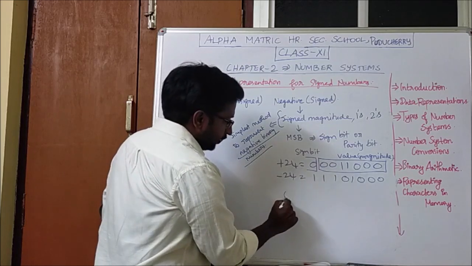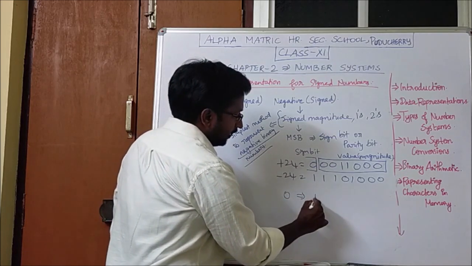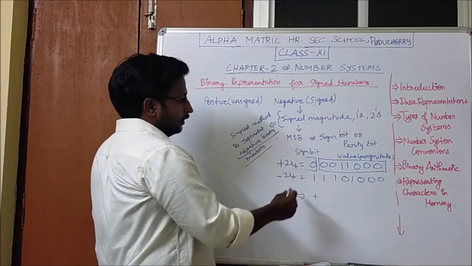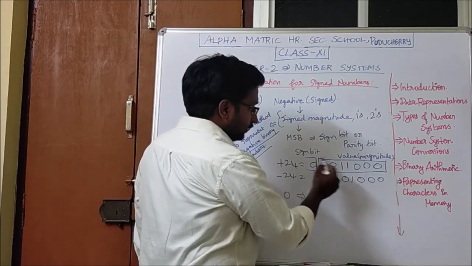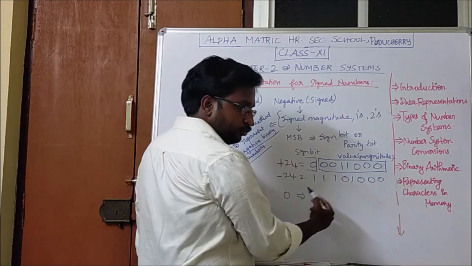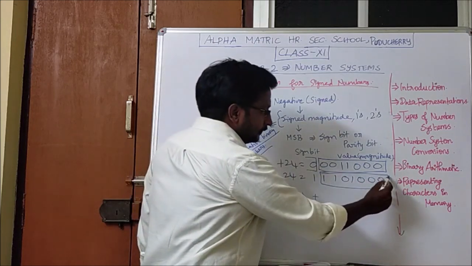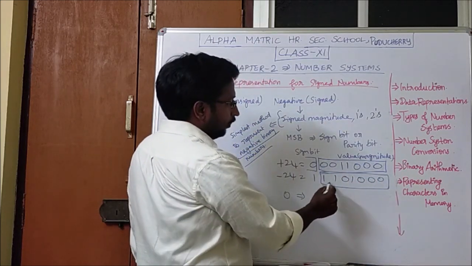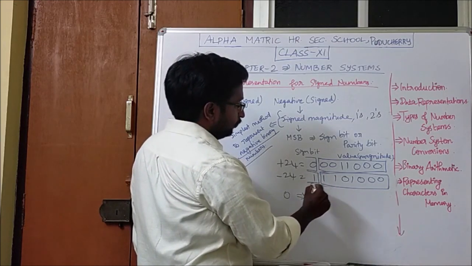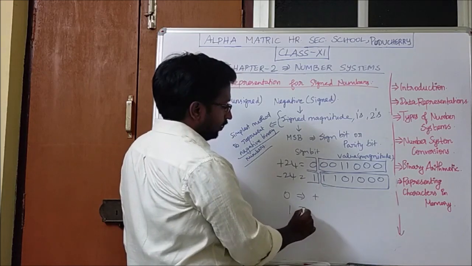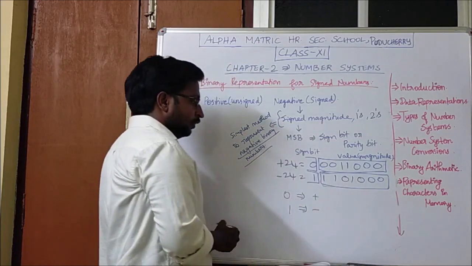If it is 0, the value is positive. Here you see minus 24. For minus 24, the last 7 digits are the value or magnitude digits, and the leftmost bit is 1. If it is 1, the number is negative.